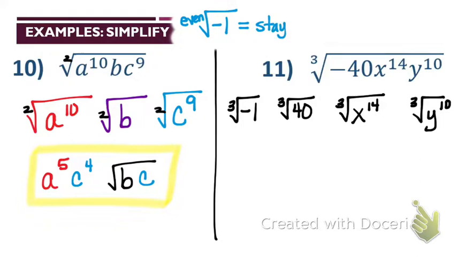It has to stay underneath that square root or underneath the root. But if you have a negative and it's odd, then it equals -1. This is odd. Then we can actually take it out and it just becomes a -1.